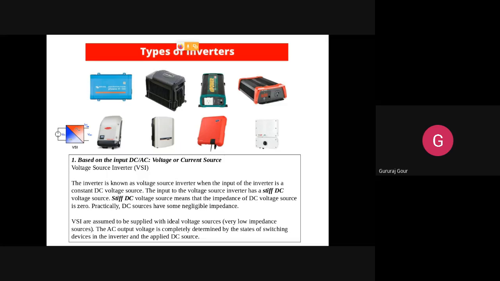As you can see in this block, we are applying the DC voltage as input, with stiff DC, means it will have a very low inherent impedance. And the output AC ratings will depend on how much stiffness there is and the state of the different switching elements which are changing in this VSI block.